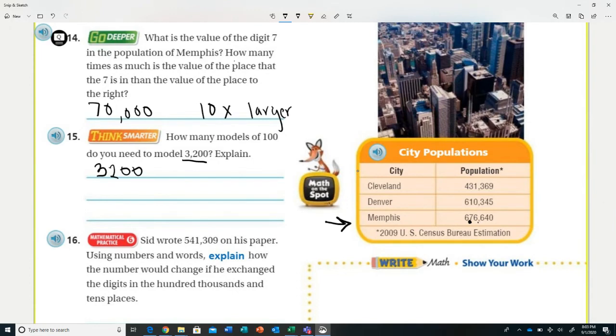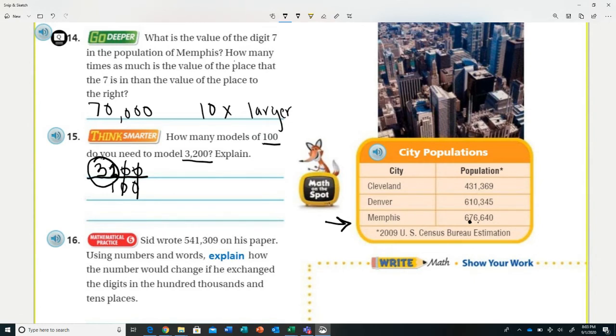So the fact that I have 3,200 and I want to know how many hundreds make 3,200, this is technically a division problem of which I'm going to show you like this. Now again, this little hack only works when you can stack your zeros. So I have zeros in my ones place, I can cancel them. I have zeros in my tens place, I can cancel those too. Once I hit the 1, I can't do any more, I'm done.